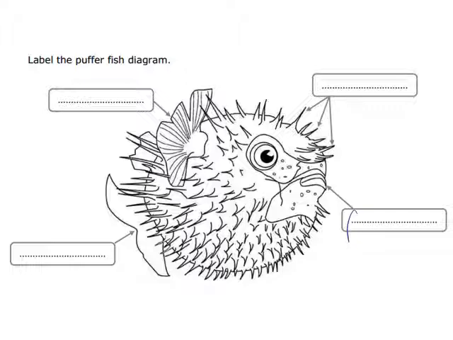I'll help you. Mouth. So this is the mouth. There? Fin. Right. Thank you. Lamar? Tail fin. The tail fin helps the fish to move forward.